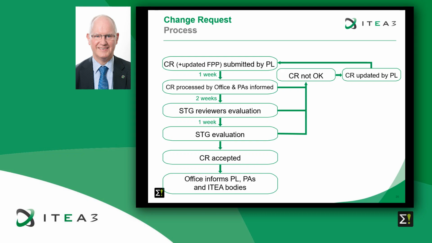Let's assume that all this first step was okay. Then we provide this change request to the steering group reviewers, and the steering group reviewers will do their evaluation. This takes about 2 weeks.